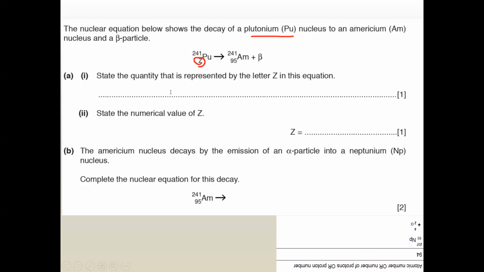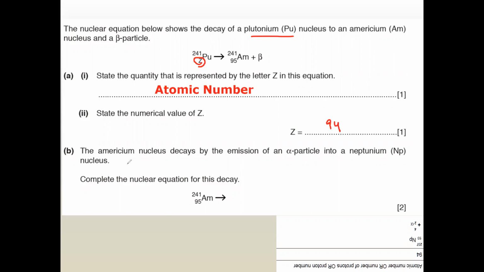The letter Z is representing the atomic number, or we can also say the proton number. How to work out the value of Z, we will discuss in beta decay. But right now it will be 94 because the beta decay part is still left. So this is 94.